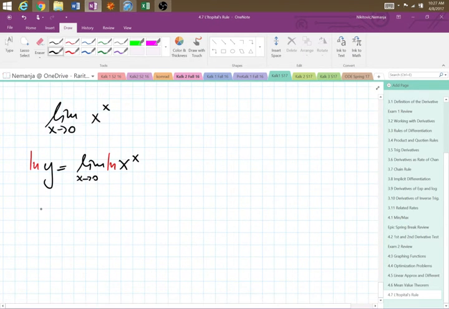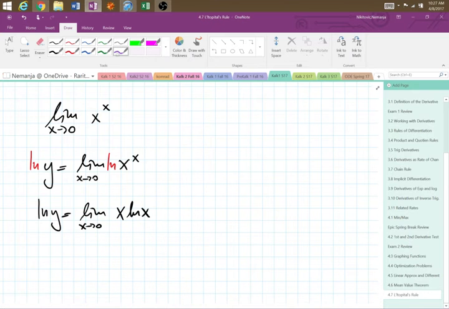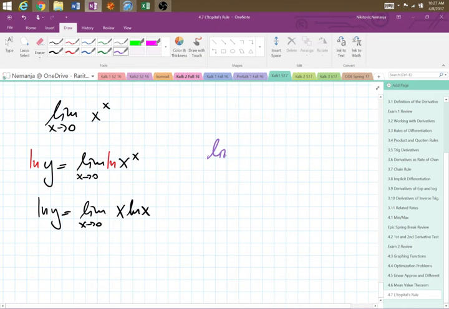So now you have that ln y is equal to the limit x goes to 0 of x ln x, because you know the rule for limits, which says that ln of x to the p is p ln x. So this p, which is x in this case, went in front of the limit. So this is how this x ended up there.